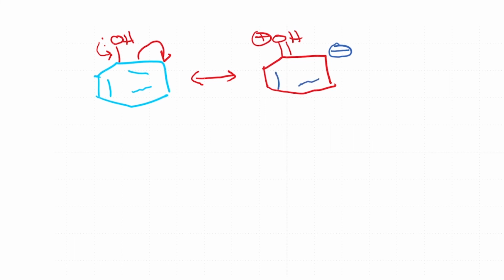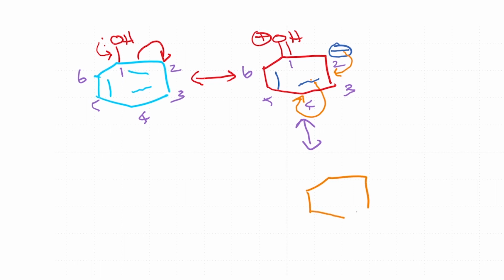For ease of understanding, let me number these carbons: 1, 2, 3, 4, 5, and 6. If I have to draw the next resonance form, the way I would do this is to move this negative charge over here and move this over here. This gives me the next resonance form where there's a double bond between carbon 2 and carbon 3. The rest of the molecule remains the same.